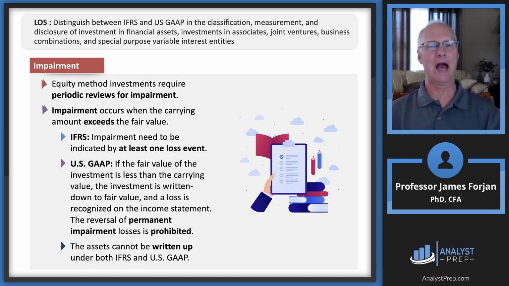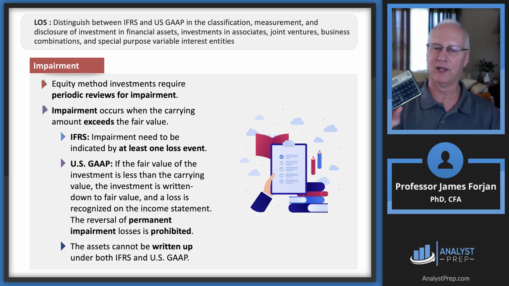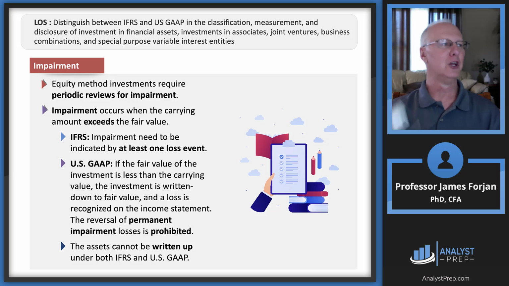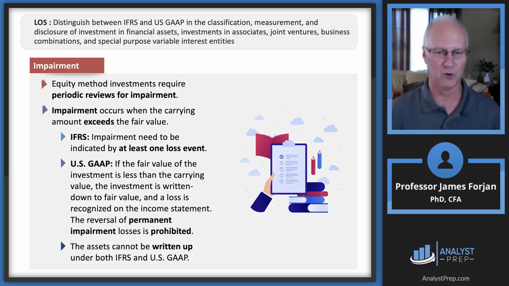But over in the GAAP, the investment is written down to fair value and the loss is recognized over on the income statement. Now, here's one of the interesting things about impairment. Notice that last sentence. The reversal of permanent impairment losses is prohibited, which means that you are never going to get this back. In other words, you can never expect to sell my calculator, which I sold to you for $1,000 or more.